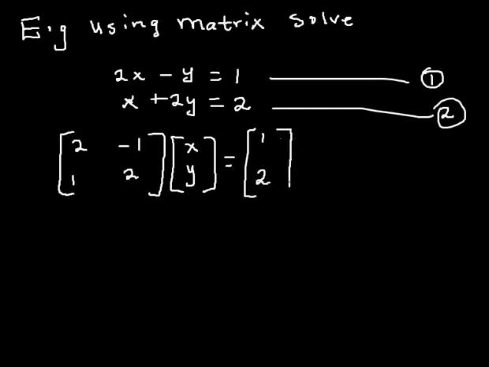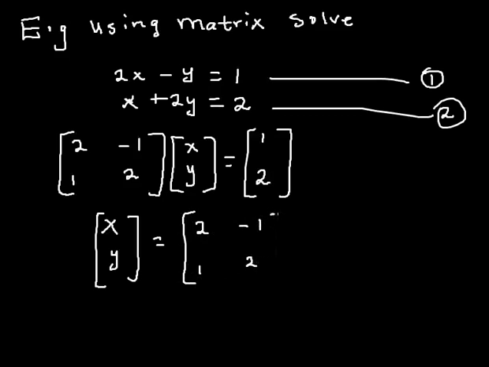my constant value. So for me to be able to get my x y, all I need to do is evaluate the inverse of this matrix, 2 minus 1, 1, 2, inverse, then times the constant values 1, 2.